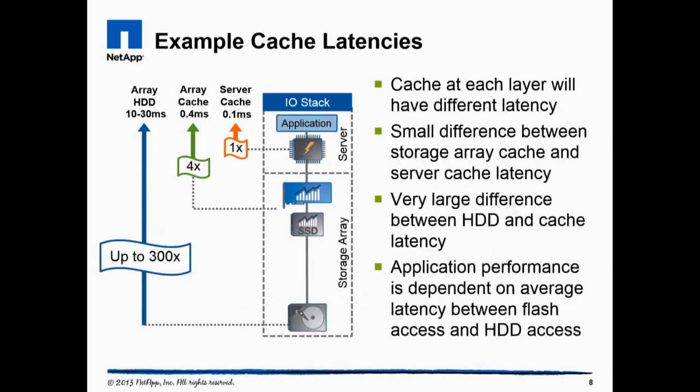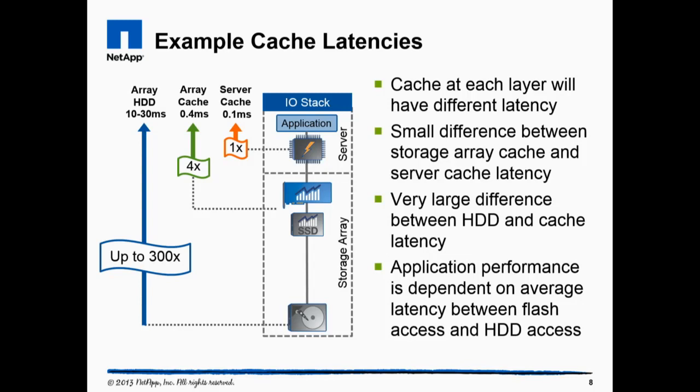Now the interesting stuff starts to happen here, where if you consider the latency that you get from each type of media in a storage stack, so let's say for a cache that exists in the server, I might get 1/10 of a millisecond of response time when I get a cache hit. If I put a cache in a storage array, there's a bit of a network hop there, so I might get 4/10 of a millisecond access to that.